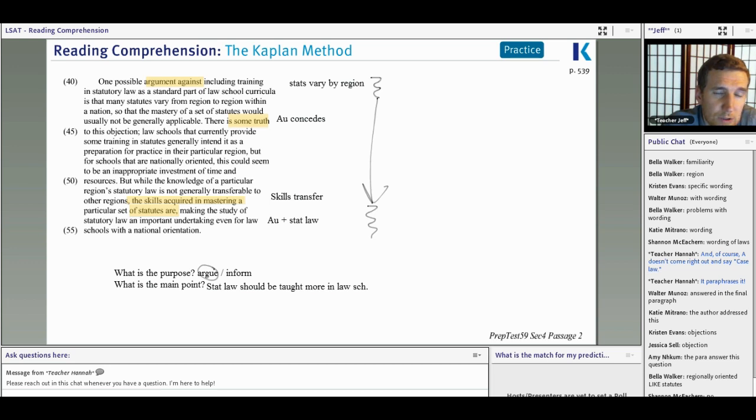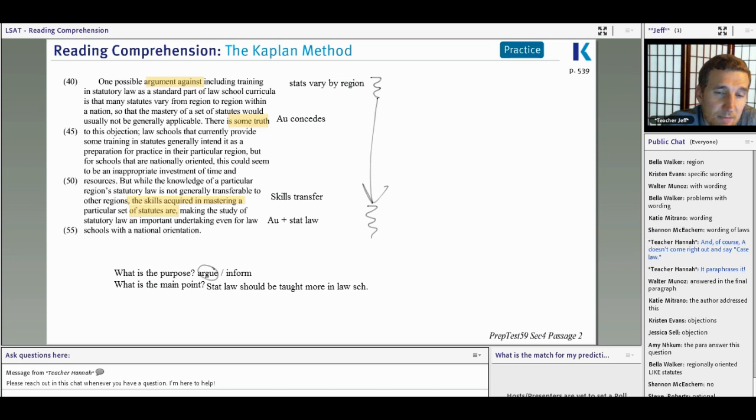Got a line for this? Yeah, the only schools that are brought up is it says, but for schools that are nationally oriented, this could seem to be an inappropriate investment of time and resources. And think about why that is, everybody.